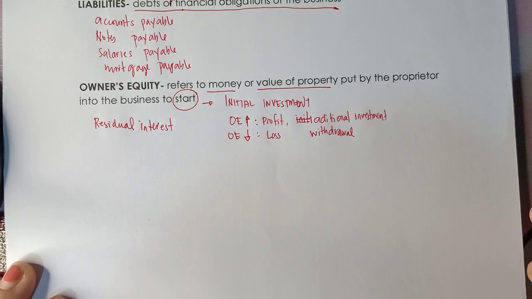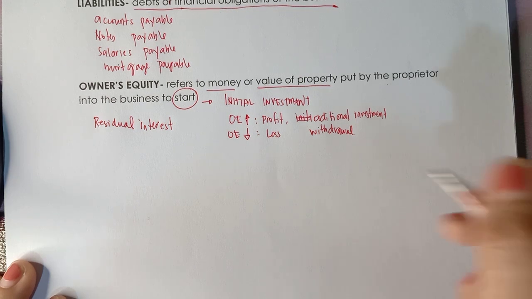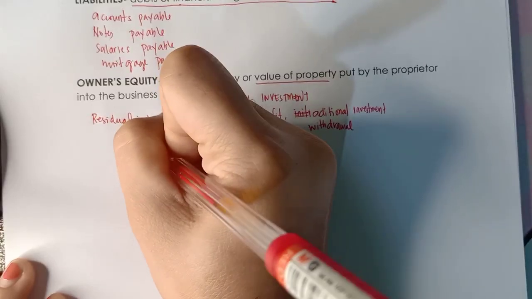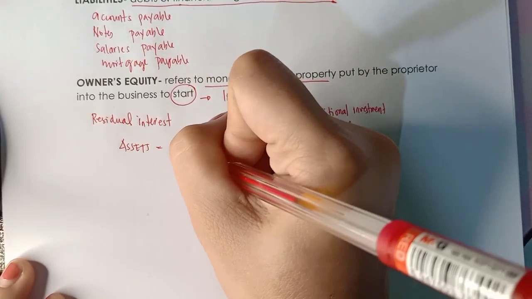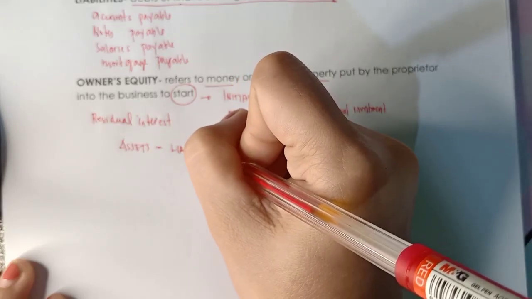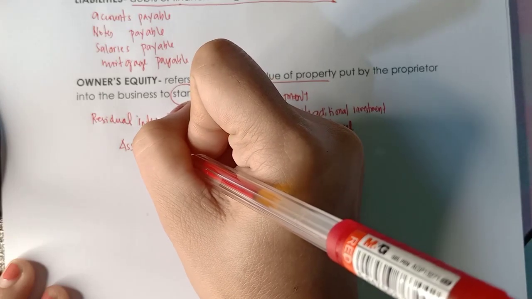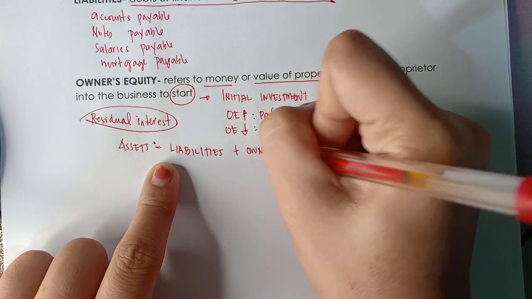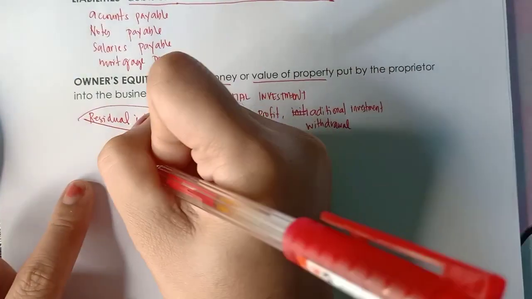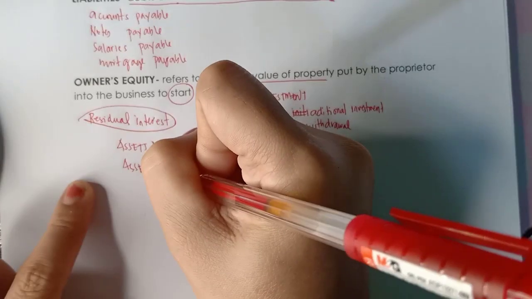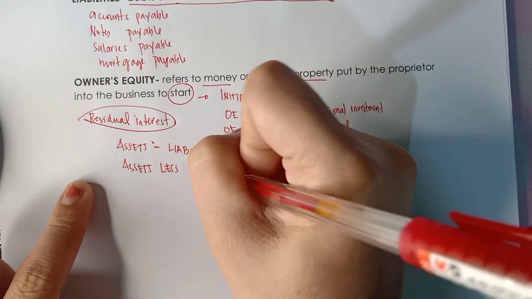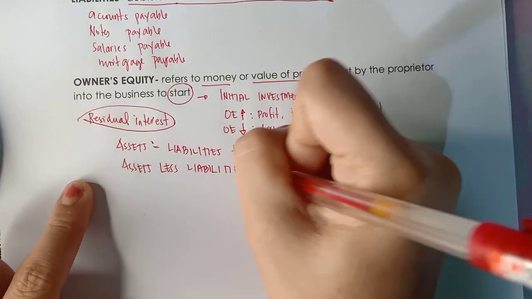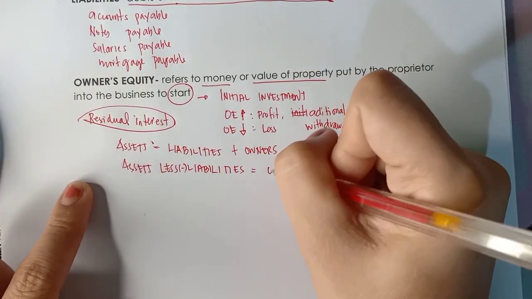That is why we have the accounting equation, which is assets equal liabilities plus owner's equity, and which can also be expressed as assets less liabilities equals owner's equity.